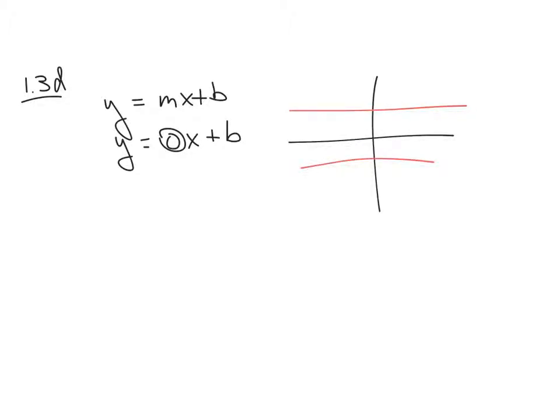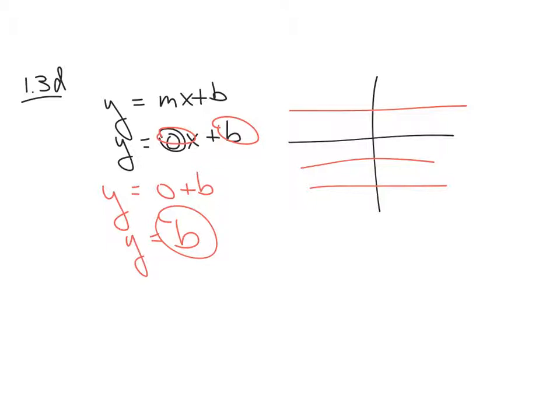It can be anywhere on here. It just kind of depends on what the b is and tells you where to cross the y-axis. And this is called a constant function because 0 times anything is 0.